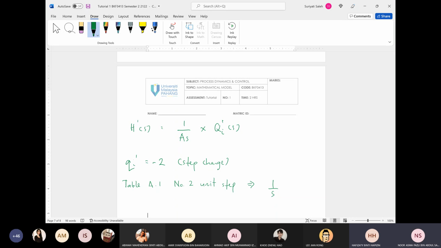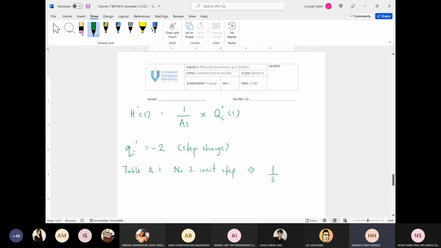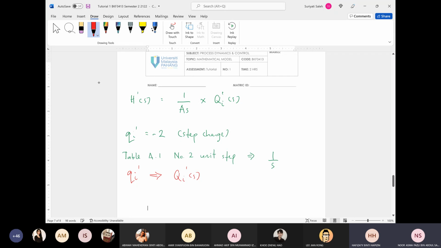Since the step change here is negative 2, when we do the Laplace of Qi prime, converting into Qi prime S, negative 2 will be converted into negative 2 over S. Or we can imagine negative 2 multiplied with 1 over S.